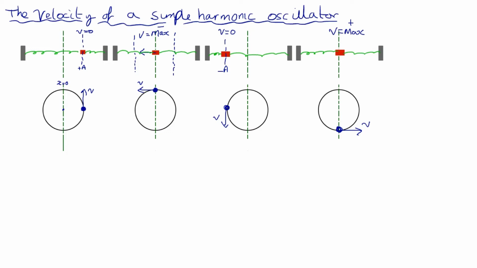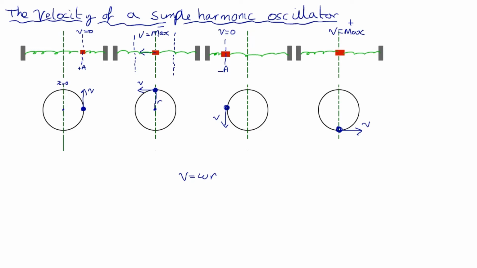Now we can say something a bit more about our maximum velocity, because it's circular motion. We know that the velocity of something moving in a circle, v, is omega r, if you remember back to circular motion.